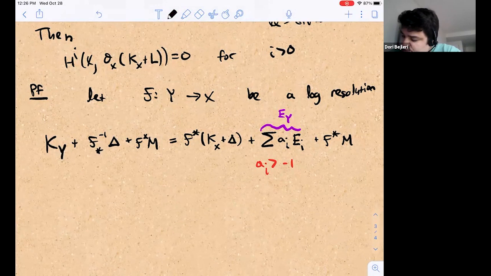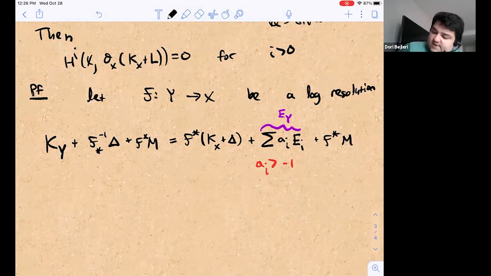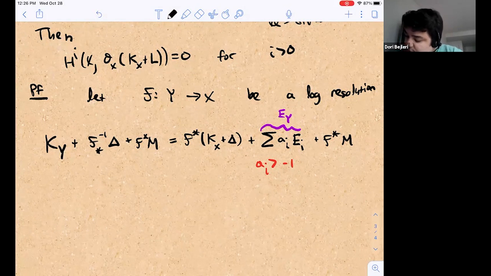So let's round up this E_Y, because we want to push forward and get something about vanishing downstairs. So we need to rearrange things so that the push forward of whatever's on our right-hand side is the divisor that we started with, K_X plus delta plus M. So we really want this piece to be effective. We don't want it to just be exceptional with coefficients greater than -1. So to do that, we're just going to replace it with the roundup of E_Y on this side.